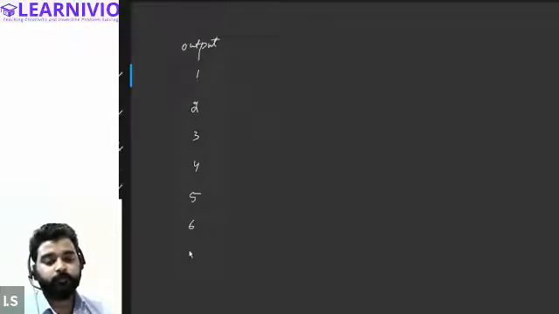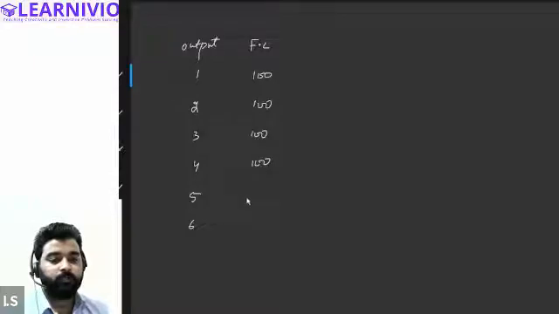And let's assume this is the value of the fixed cost. Fixed cost is, let's say, 100 on the first unit. So that means fixed cost will be 100 at all the units: 100, 100, 100, 100, and 100 again.